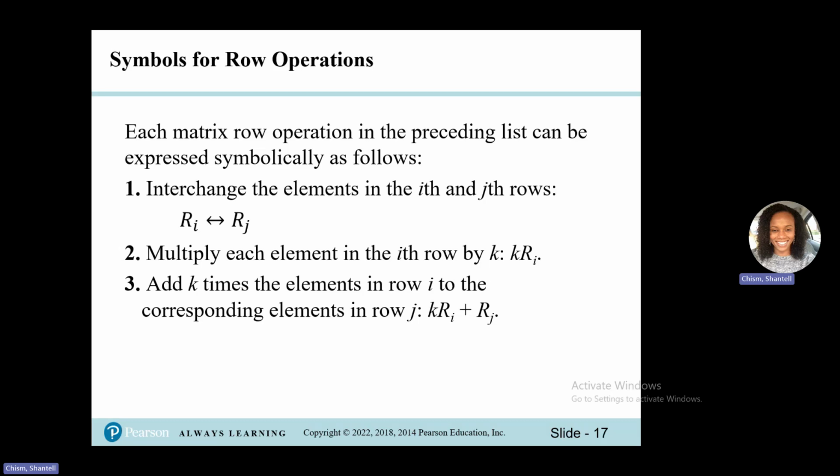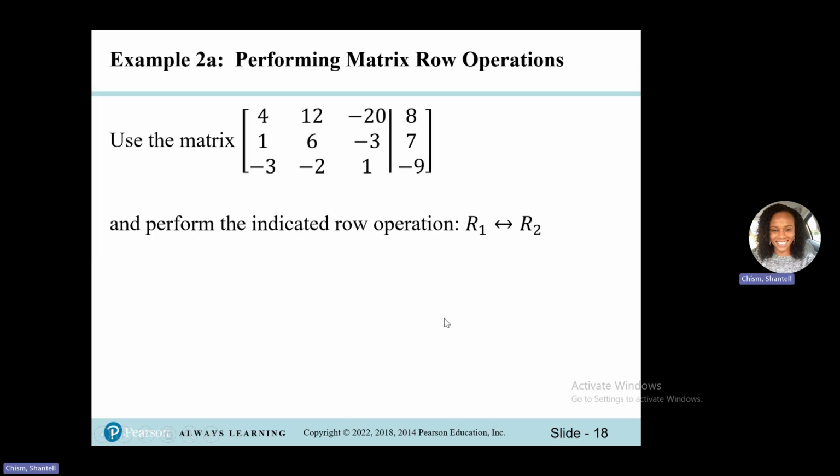So first, when you think about interchanging two rows, it's just swapping the two rows out, multiplying each element in a row by some scalar factor k, and adding k times the elements in row i, let's say, to the corresponding elements in another row j. So I want to show you just how it looks.